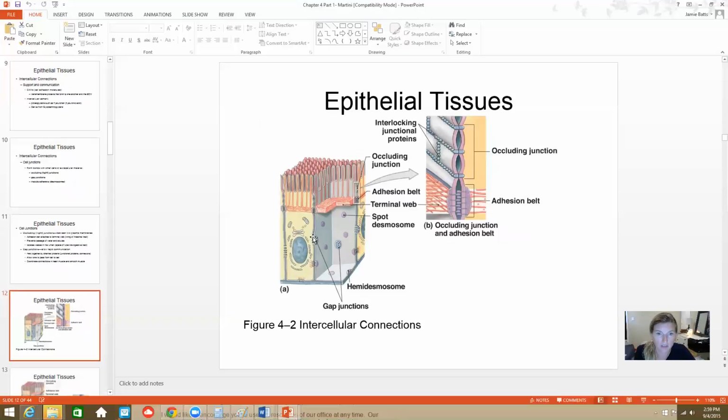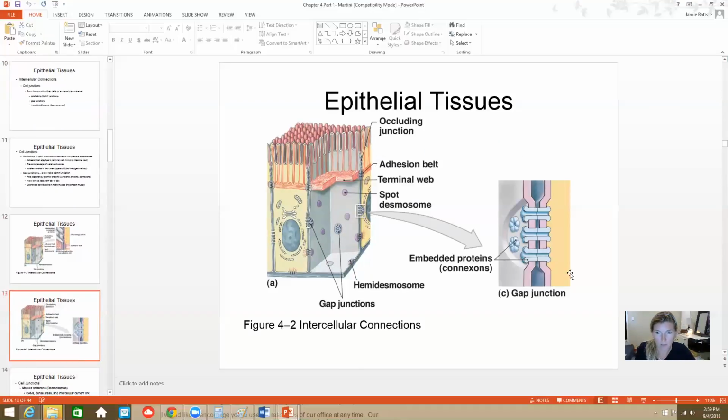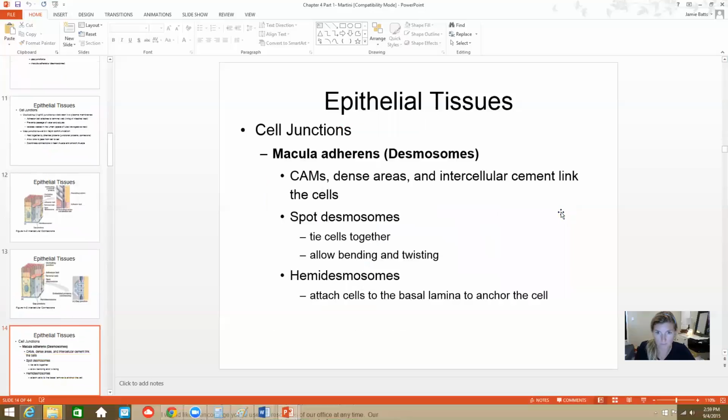Again, little specialized holes in between the cells, allowing for that information just to come on right between. In the next picture, you can see them a little better. These specialized holes or pores allowing for that communication.